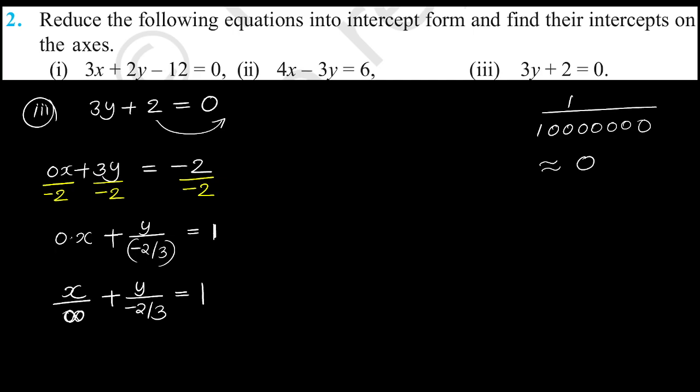Okay, this is an adjustment, but in fact there is no number infinity. It's a very, very large number, that's all. So x-intercept is infinity, but is there any number infinity? No. So we simply say x-intercept is not defined. Or you may write infinity, don't worry, you will get marks, but we normally say x-intercept not defined.